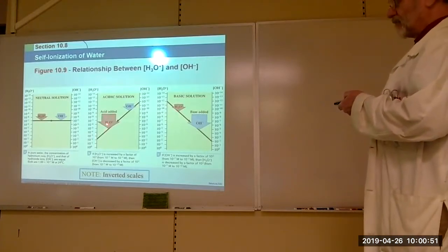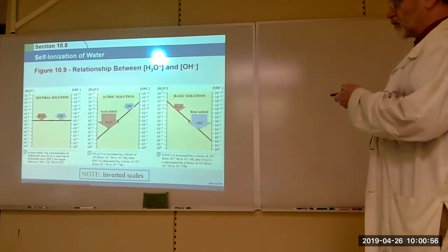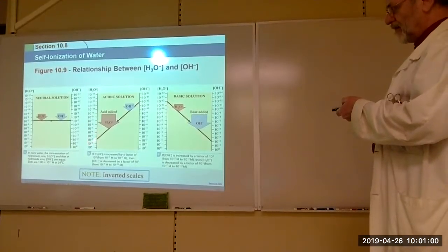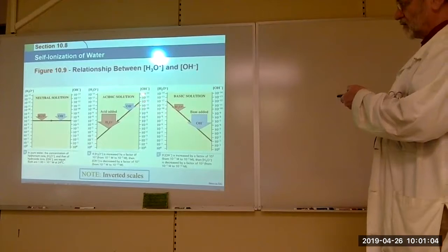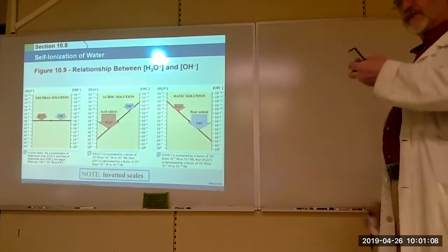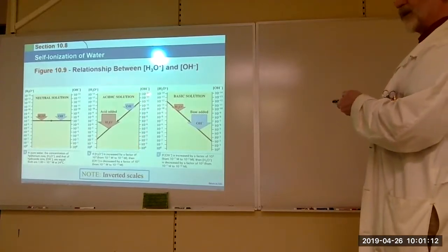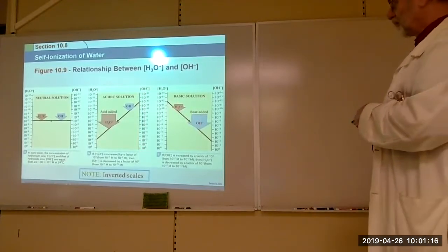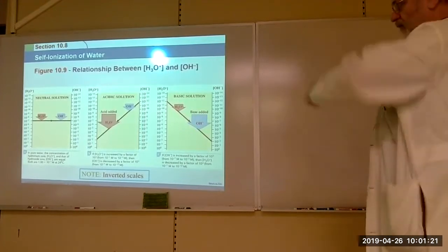If you add acid, then you increase the numbers here, right? It goes from -14. So down the scale is an increase in hydronium. Then the other side has to go up, which makes it smaller. So the scales are inverted. We normally think larger is up here, but in this case, larger is down here. And same thing, if you add base, it just flips it.